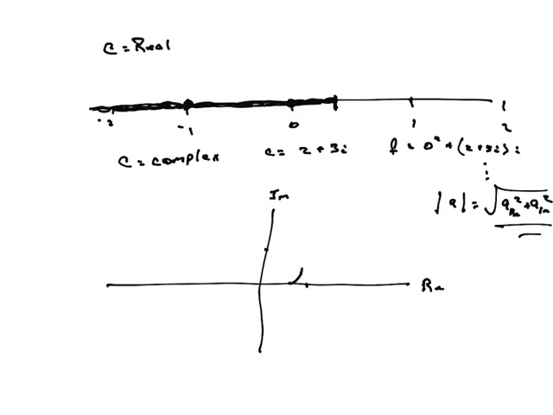And of course this is just kind of a bad drawing representation because I'm horrible with this kind of stuff, but it looks something like this. And of course it's symmetric about the horizontal axis, not the vertical.